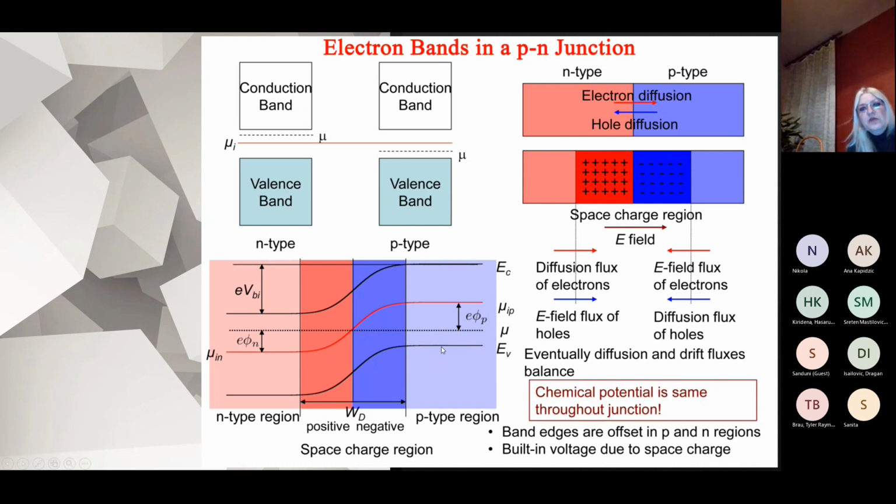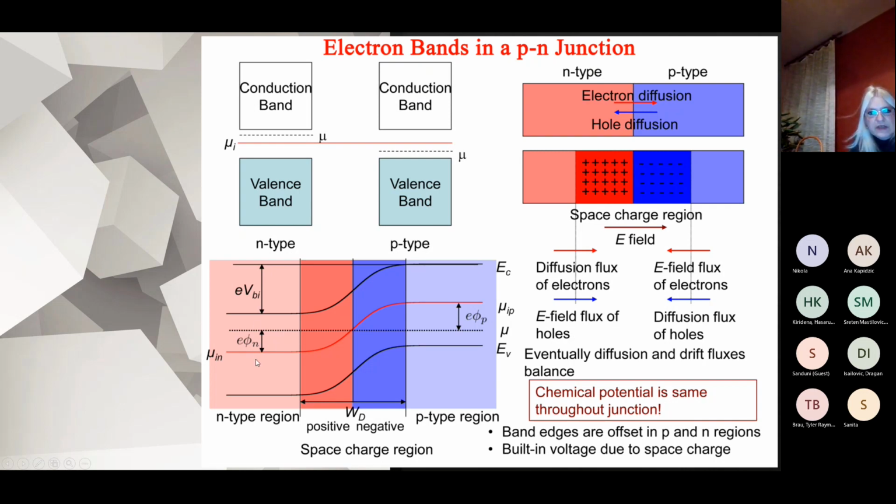In the P-type region, the top of the valence band is close to the chemical potential, and it will now shift because of the built-in voltage down in the N-type region, where it's far away from the chemical potential through the junction. This dotted line here.